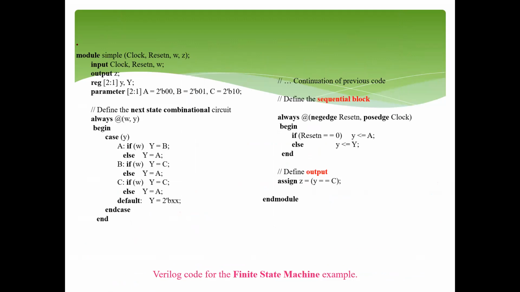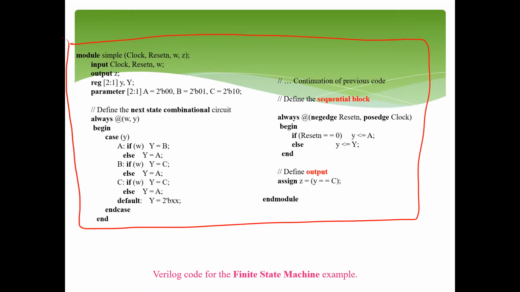Now this is the complete code for our finite state machine. There are three ways to write the code, and we will check each one of them. Usually you can do whatever you please, but some people find one circuit makes more sense than the other, but we will cover them all.